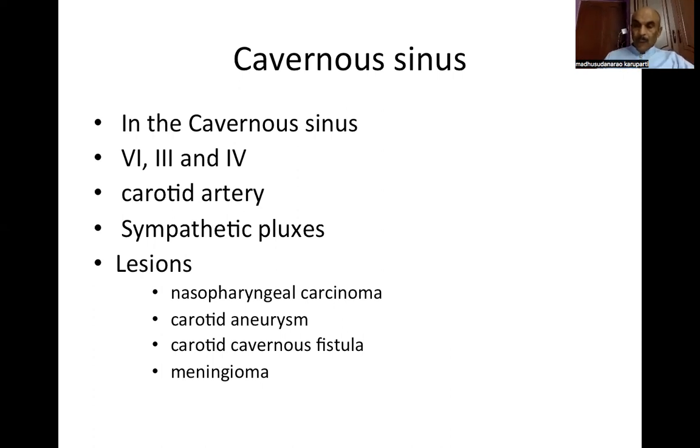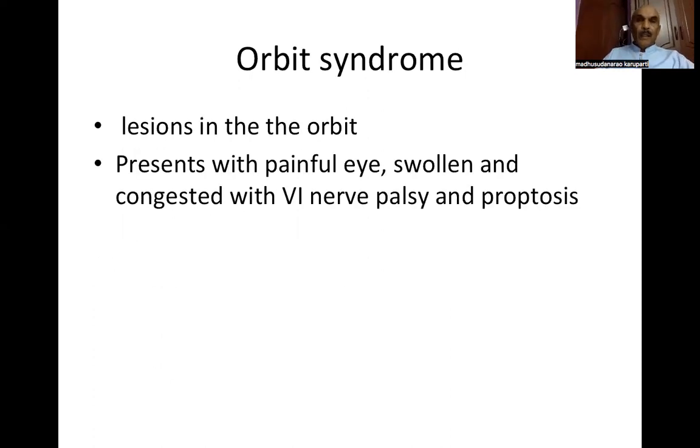It also affects the sympathetic plexus. Then orbital syndrome. The lesion is in the orbit secondary to infection, and patients present with a painful eye, which is swollen, congested, associated with proptosis, and ipsilateral sixth nerve palsy.